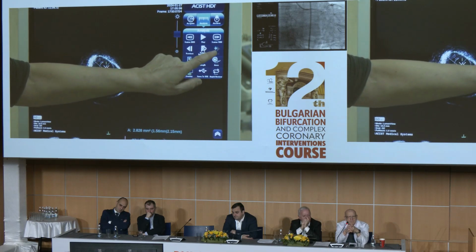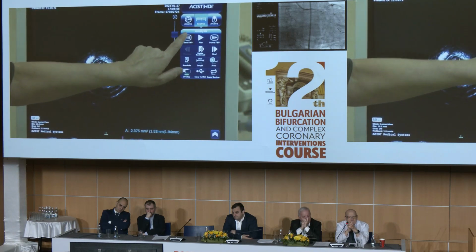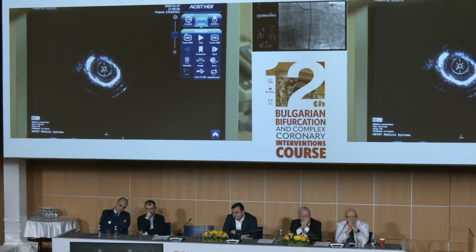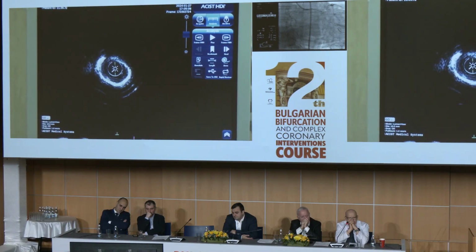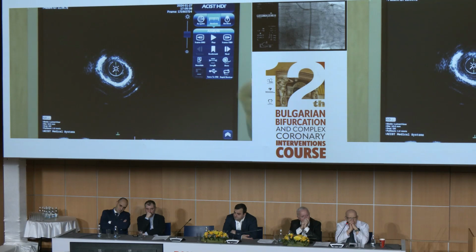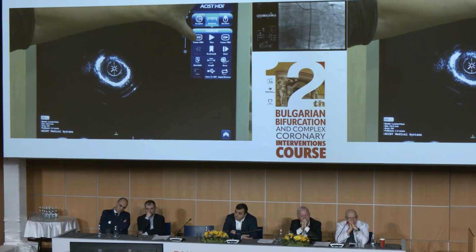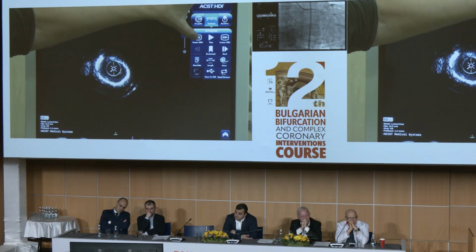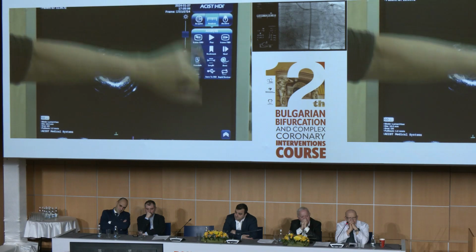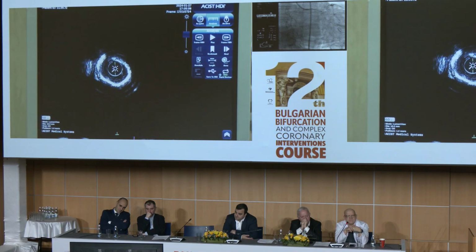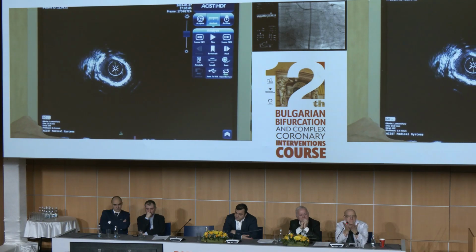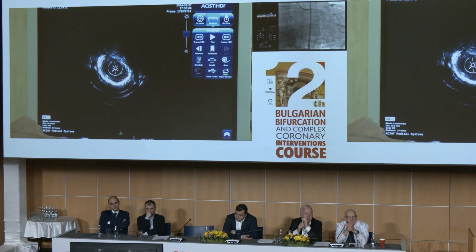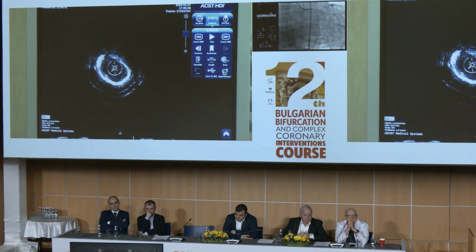Actually, Eva measured here the calcium to calcium area, but actually the stenosis is so tight that it has caught the IVUS catheter, and practically everything all around is calcium. There is no comment because this is more than 270 degrees for sure.